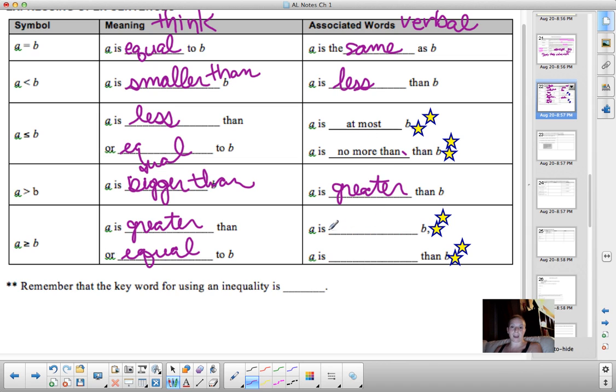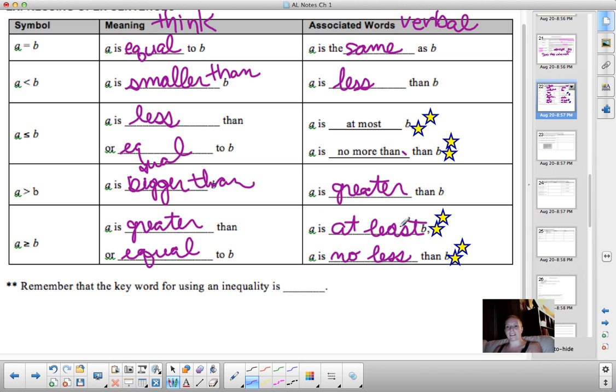What would we expect in a verbal model? We would expect A is at least B, or A is no less than B. No less than B. At least.